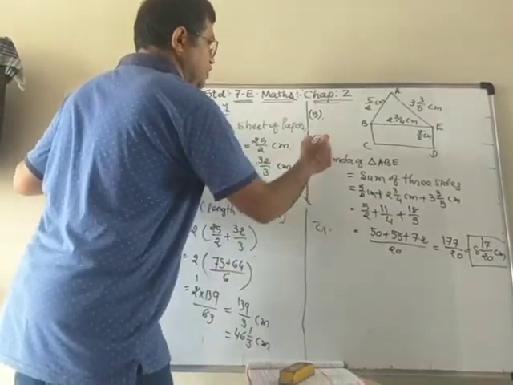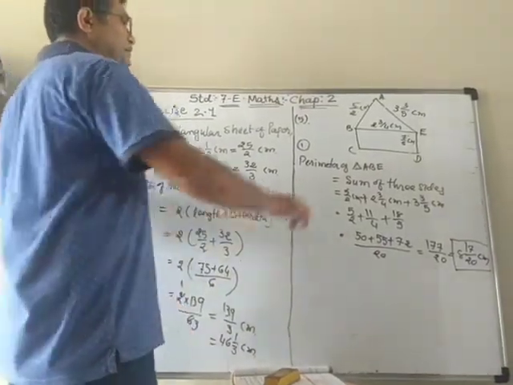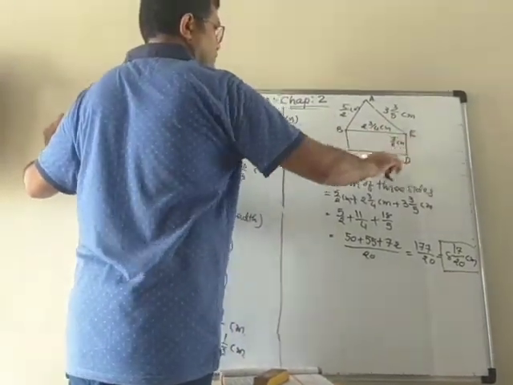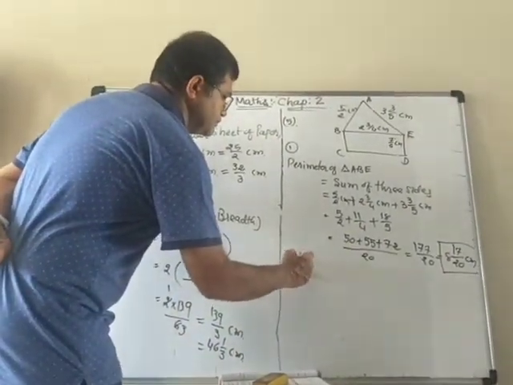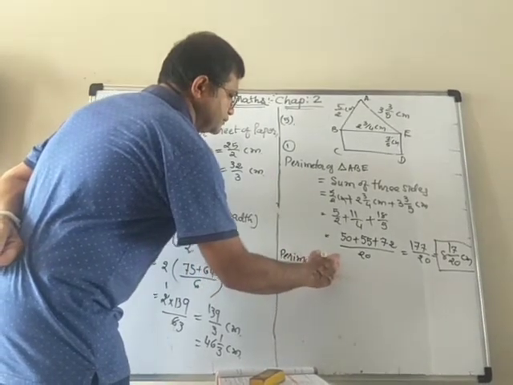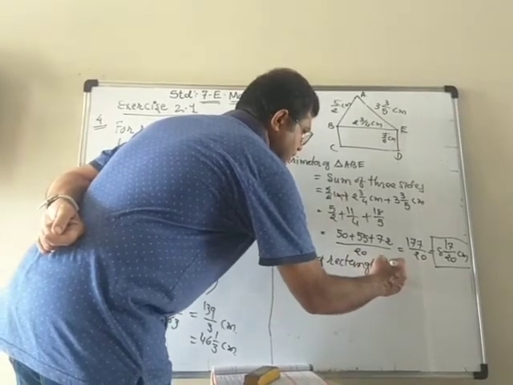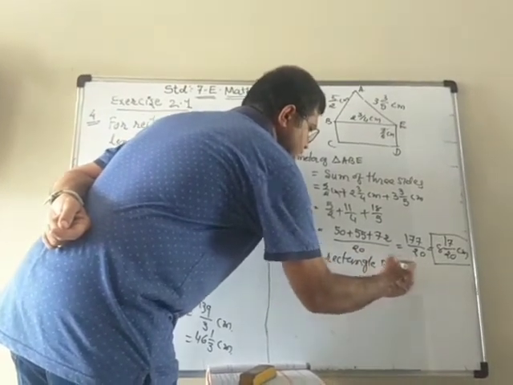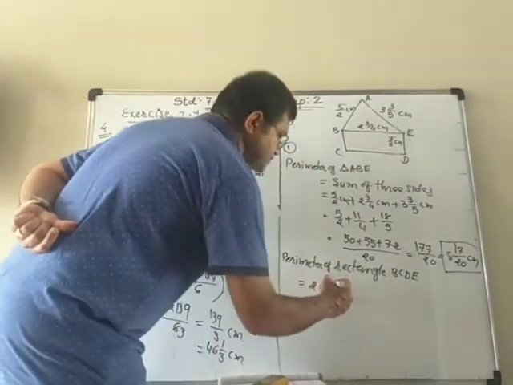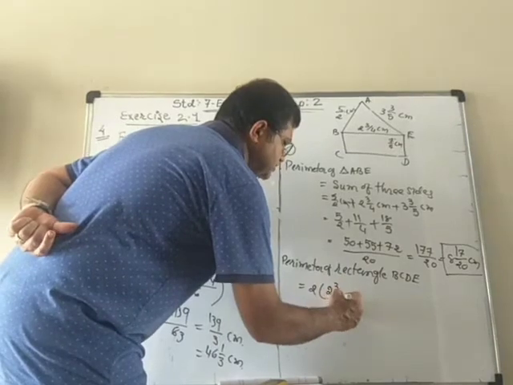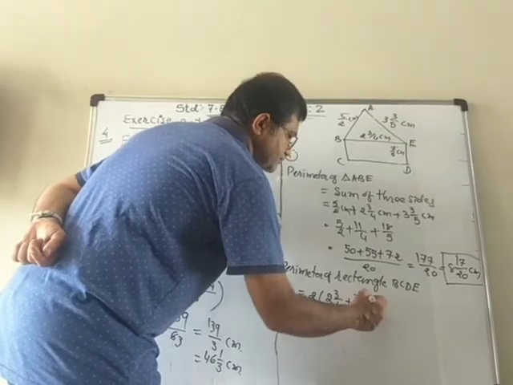The first part was that you have to find the perimeter of triangle ABE. Now you have to find the perimeter of rectangle BCDE. Perimeter of rectangle BCDE is equal to 2 into bracket length plus breadth, meaning 2 integer 3 by 4 plus 7 by 6.